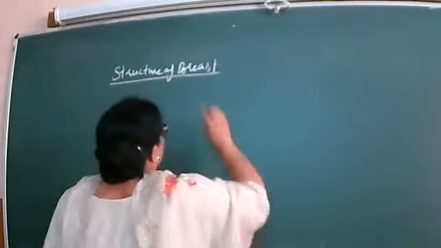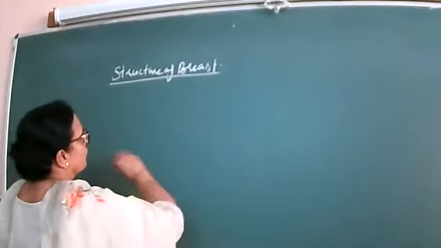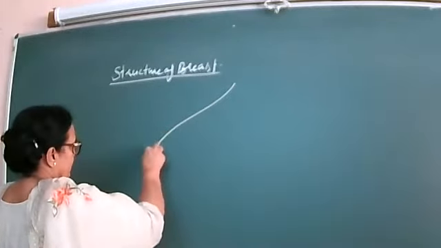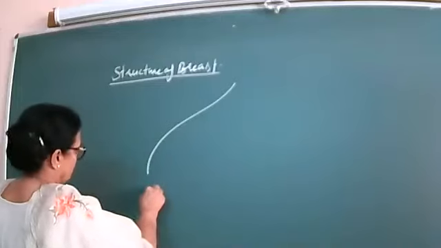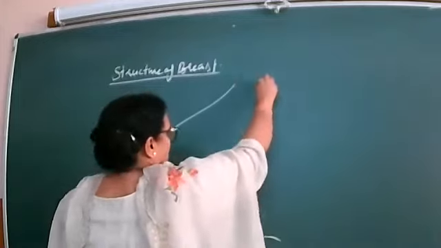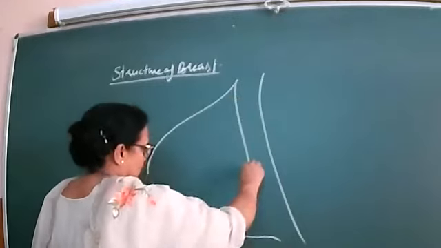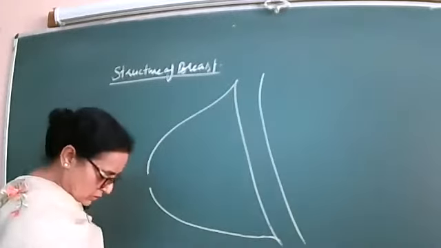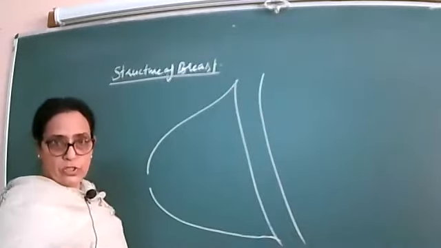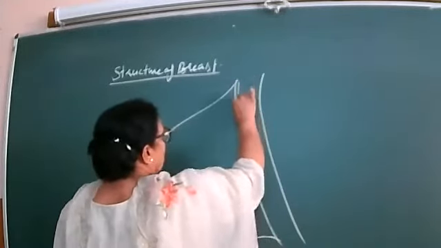So basically, the major part of the mammary gland is the production of milk. Mammary glands are there. It comprises the connective tissue, then also adipose tissue, and also the muscles, they play their major role.